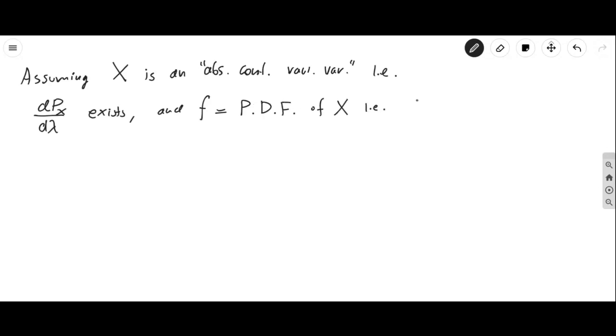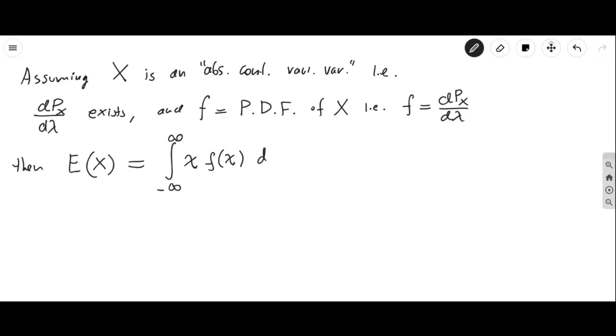So in other words, what that means is that f represents this. Then the way you can find the expectation of x is you pretty much just integrate on the real line, and you do x f of x, in the usual way.